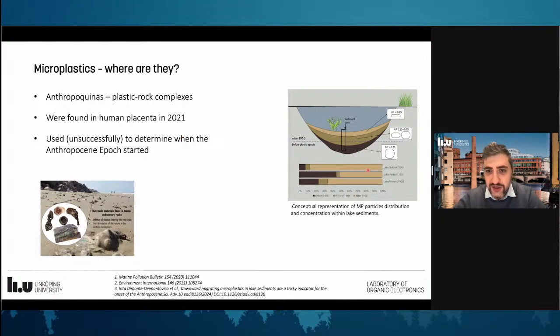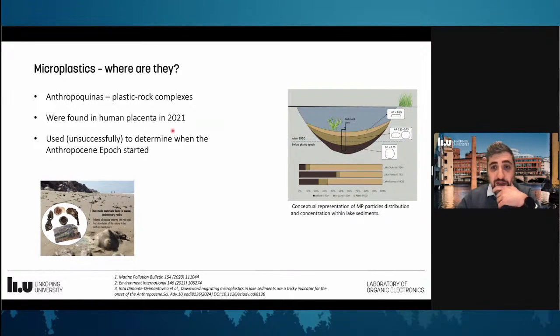The last example is people from Latvia. They tried to use microplastics to determine when the Anthropocene epoch started on Earth. Anthropocene is a suggestion for a new geological era that has been mainly influenced by human presence, and they were digging at the bottom of lakes, measuring what amount of microplastics there is.